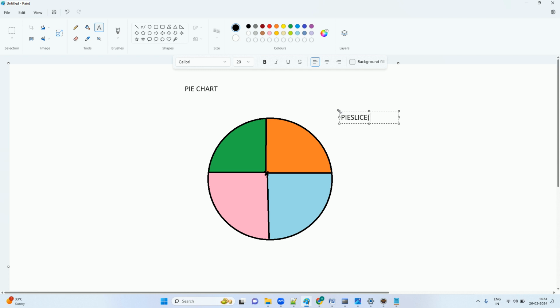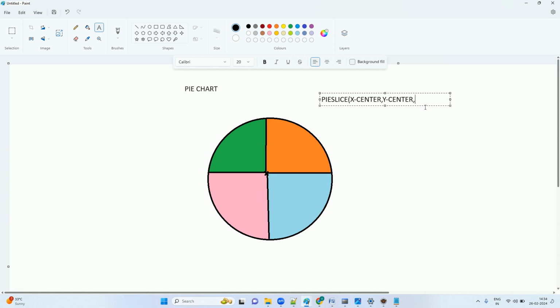First thing first, the center of the slice. The center for all the slices should be the same, for the orange, green, pink, and blue slice. So an x coordinate and a y coordinate for the center.